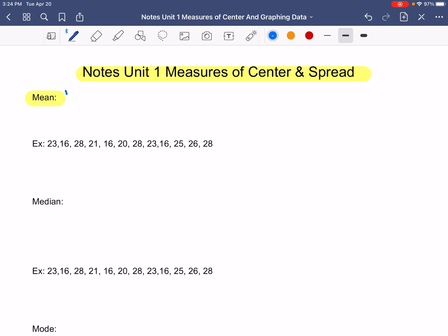So the first one is the mean. The way that I remember the mean is it's just the average. When you're finding the average, you just add all your data and divide by the number of pieces.